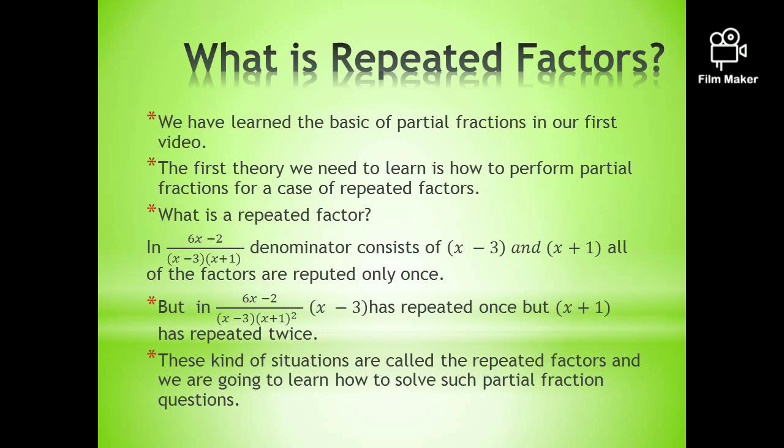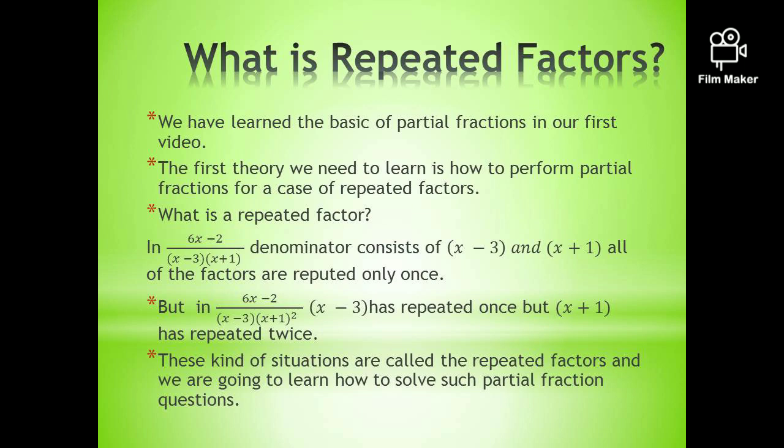If you refer to the example given here, 6x minus 2 over x minus 3 into x plus 1, the denominator is x minus 3 and x plus 1. That is only repeated once. But if you consider the case 6x minus 2 over x minus 3 into x plus 1 squared, here if you split the denominator, you can understand that it is x minus 3, x plus 1 into x plus 1.